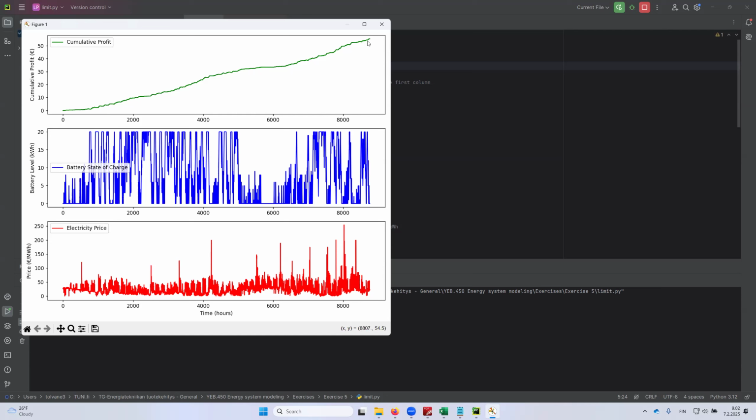This doesn't make too much sense if the other one went to 90,000. But either way, this limit is less effective as an optimization strategy. In here, you're only going to see the battery state of charge rather than the charging and discharging strategy as well. So those were the exercises this time.